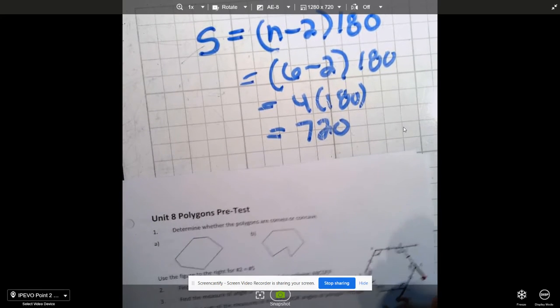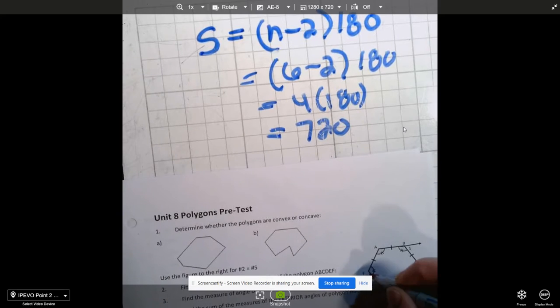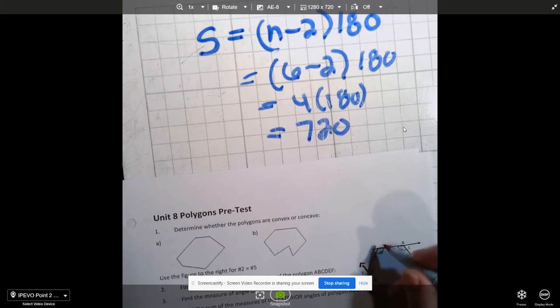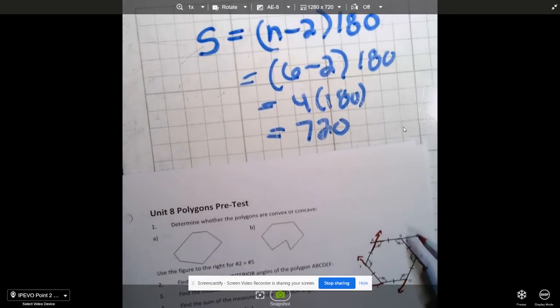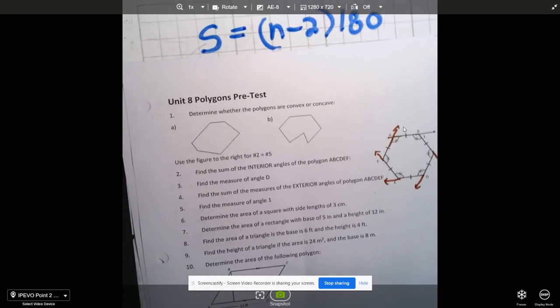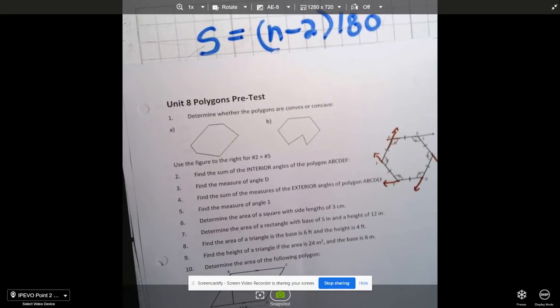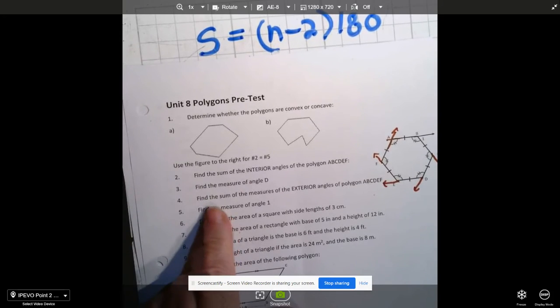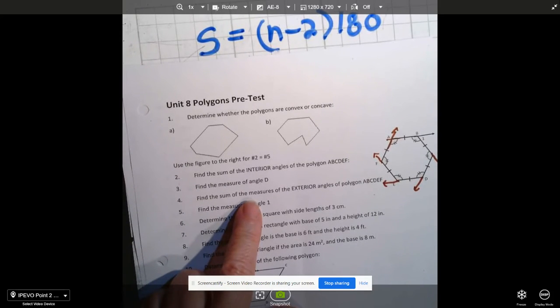So I'm going to have 6 exterior angles, 1, 2, 3, 4, 5, 6. But the sum of those exterior angles always adds up to 360. It doesn't matter what the polygon is, it's always going to add up to 360. So the answer to number 4 would be 360 degrees.